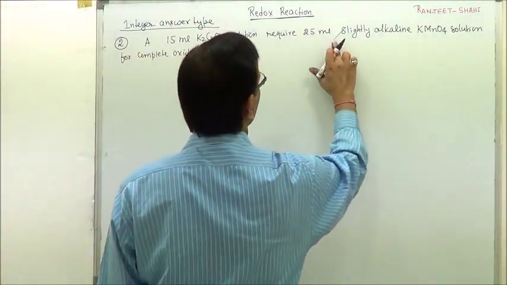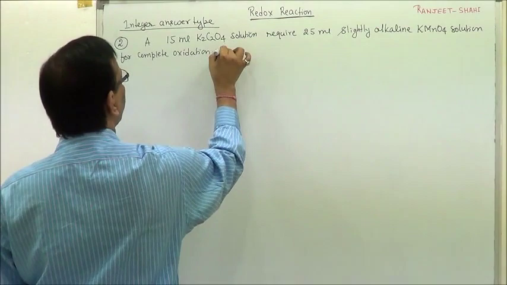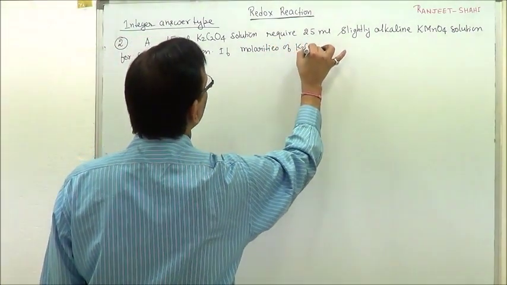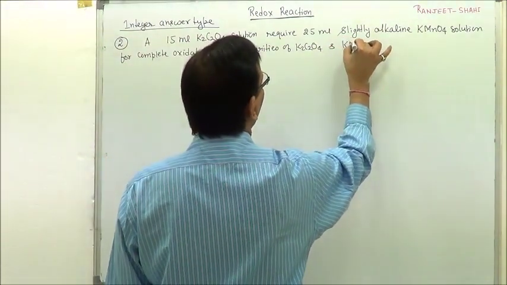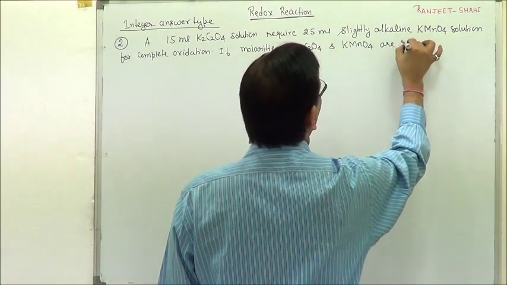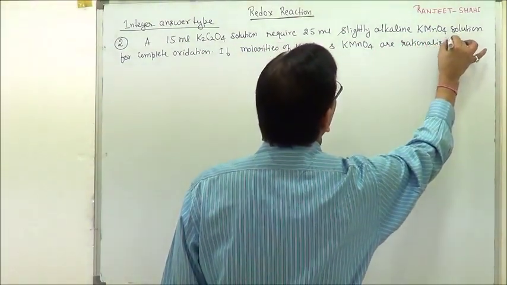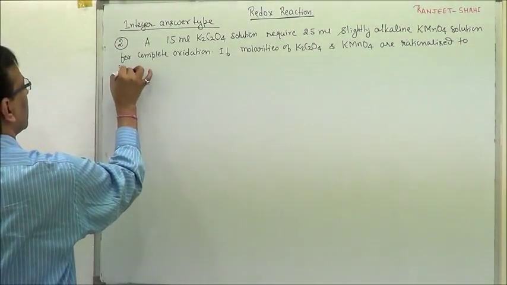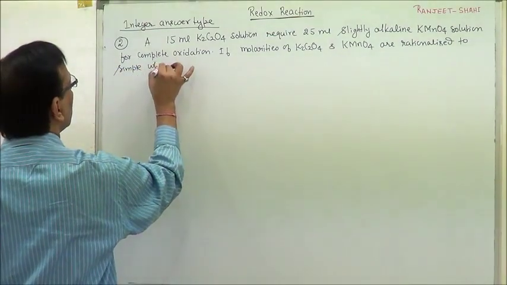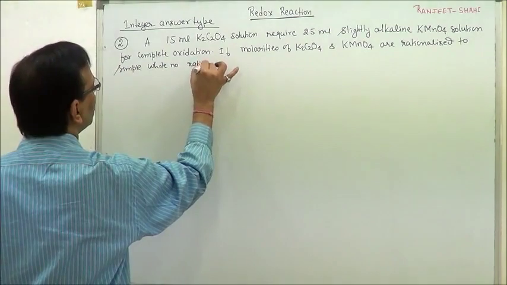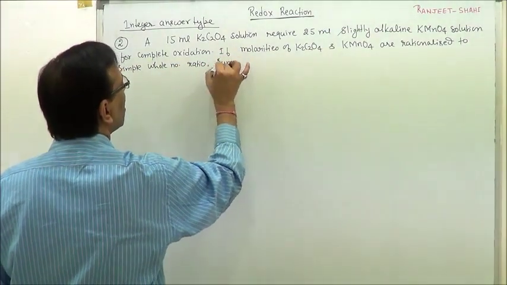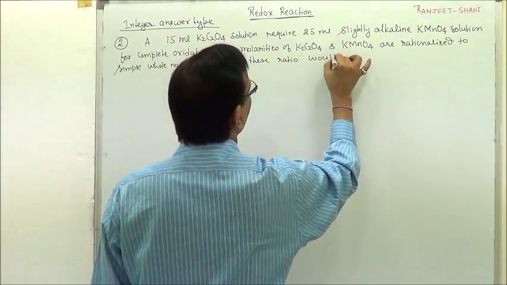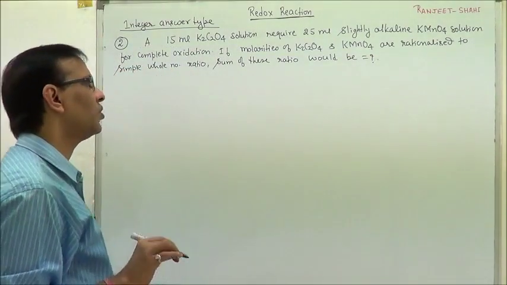If the molarities of K2C2O4 and KMnO4 are rationalized to a simple whole number ratio, the sum of this ratio would be what? This is a very interesting question.